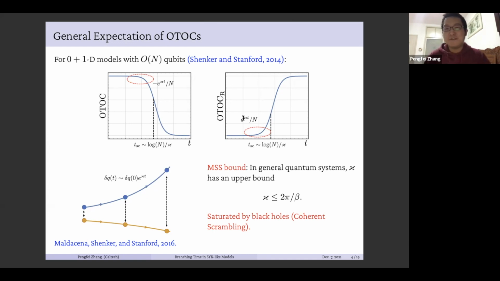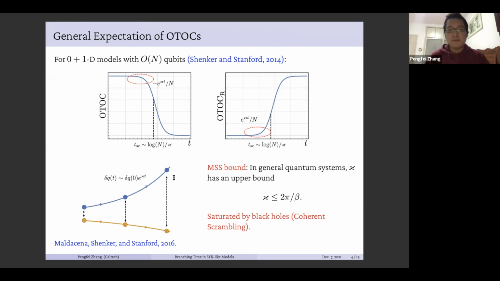We know this early time behavior is exponential, and this exponent is motivated by its similarity to semi-classical chaos, where two nearest neighbor trajectories deviate from each other with some exponential factor. This is known as the classical Lyapunov exponent. Here we define this exponent for the retarded OTOC or the normal out-of-time-order correlator as the quantum Lyapunov exponent.